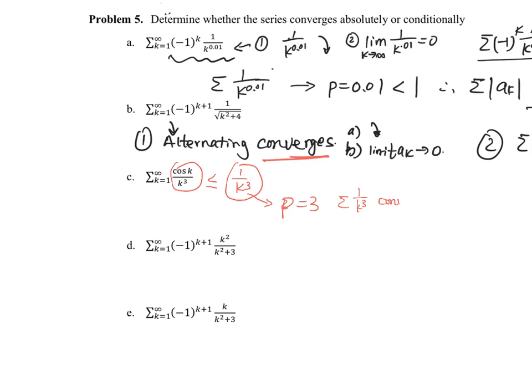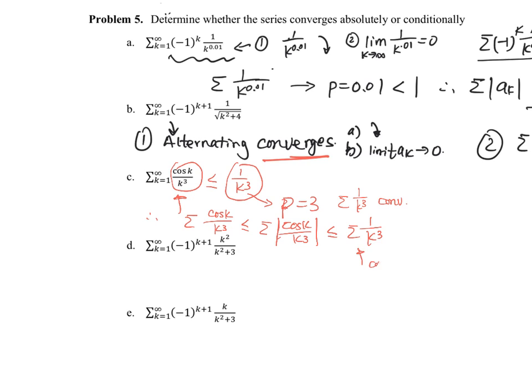Therefore, summation cosine k over k cubed is less than or equal to the summation of the absolute value, which is certainly less than or equal to summation 1 over k cubed.